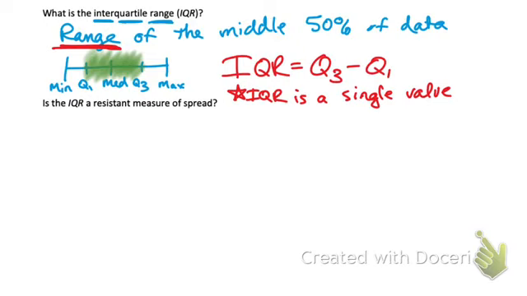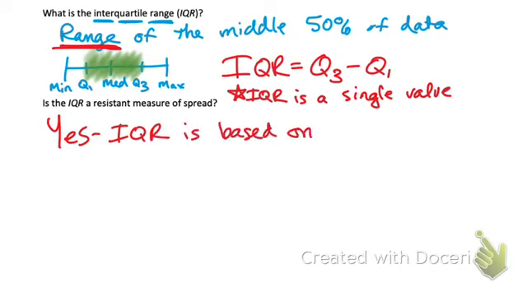Why do you think that? Because it's based on the median. IQR is based on median, and what do we know about median's resistance? It is resistant. So if I base something on a resistant median, it is also resistant. So, yes. IQR is based on a resistant median.